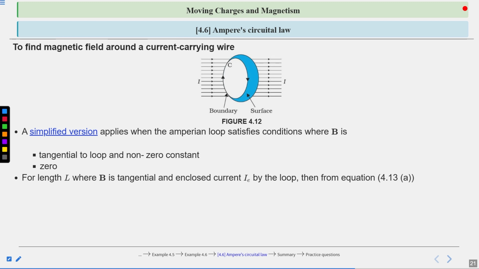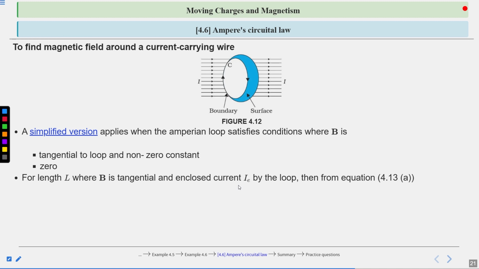For length L where B is tangential and enclosed current is IE by the loop, then equation 4.13a. So there is a finite wire of length L where B is tangential and the enclosed current is IE by the loop.